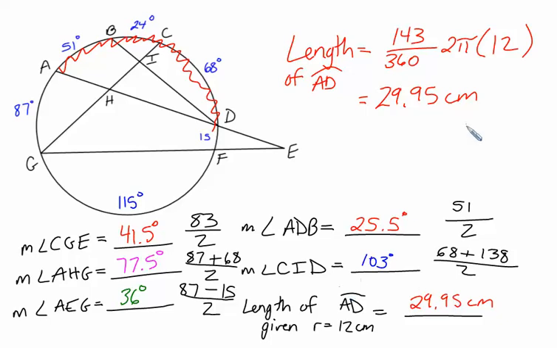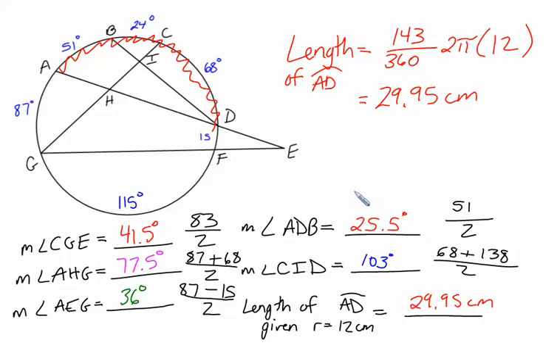If we ask you to calculate a length of an arc, first figure out the number of degrees of the corresponding arc, and then take that out of 360 times the full circumference, 2 pi r. It's basically finding the length of a fraction of the circle. This is the approach that we take when we're solving for angle measures or lengths involving angles in a circle.